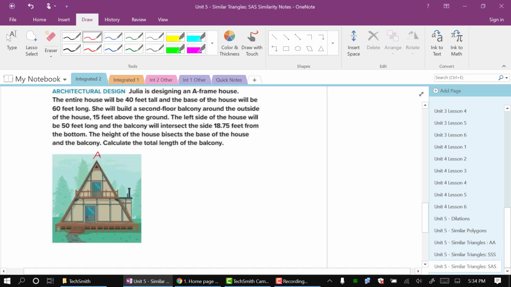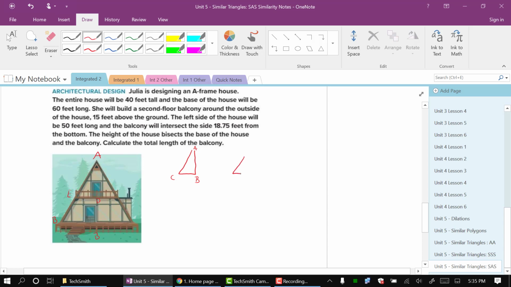If we look at the whole thing, this would be our A, this would be our B, this would be our C. Then right here, we can do E and D. D and B. This is going to be triangle ACB, and then this is going to be the top part.